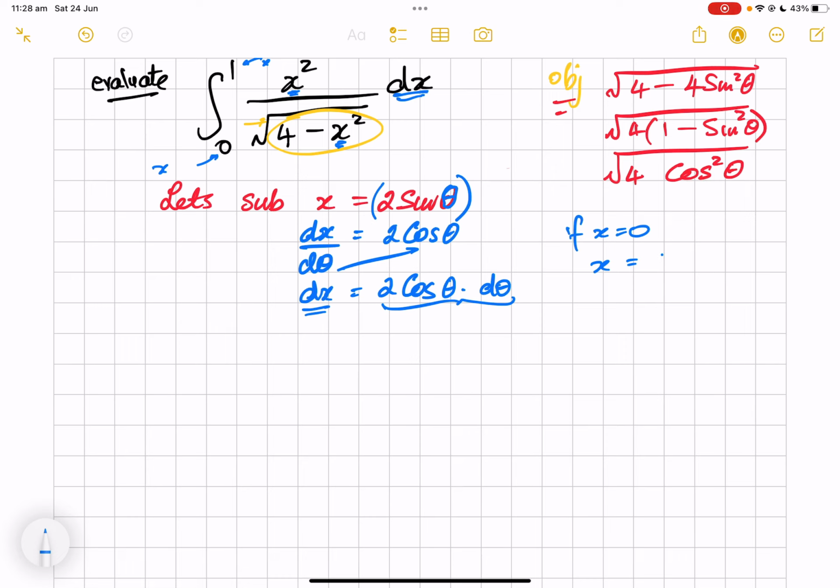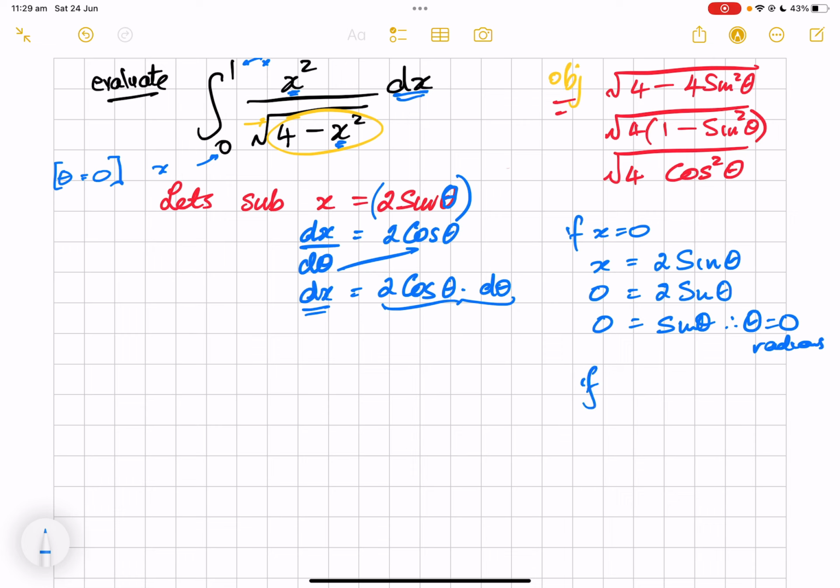x equals 2 sine theta. So 0 equals 2 sine theta. All right, so for 0 to be sine theta, theta has to be 0 radians. We're going to be talking in terms of radians. And we'll replace that with a theta value of 0.